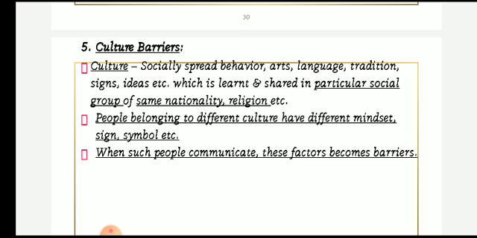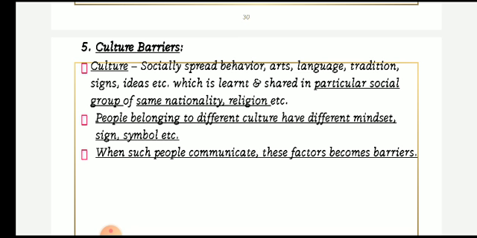A single culture generally includes many subcultures, which can be a barrier itself. If a person of one culture is communicating with a person of another culture, people belonging to different cultures have different mindsets.